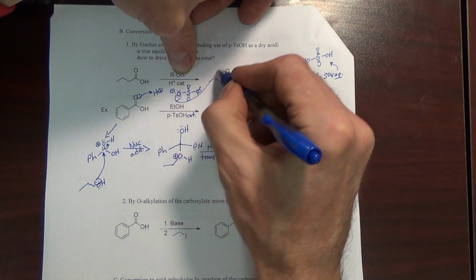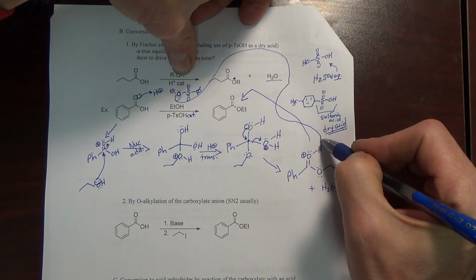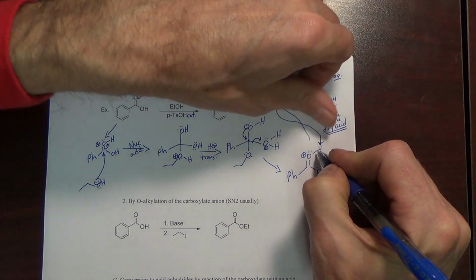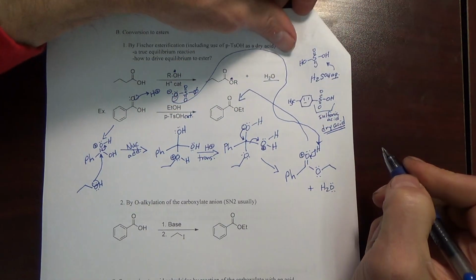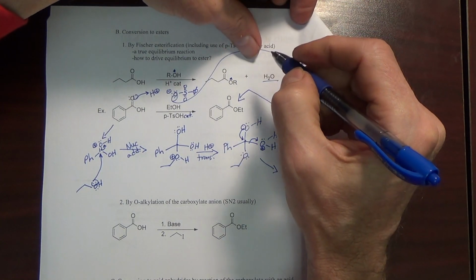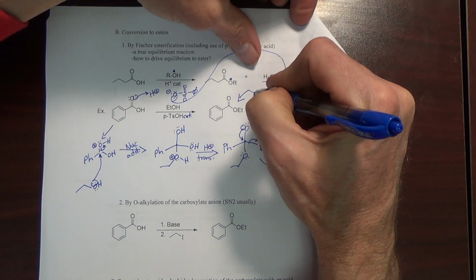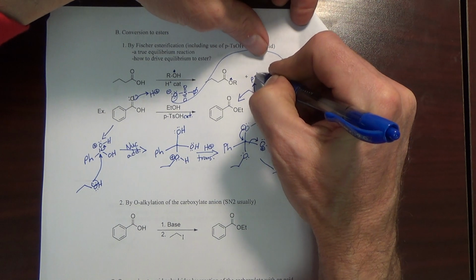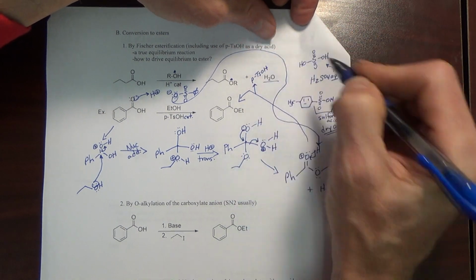These electrons take the H. These electrons move on to oxygen. And we get our product, plus we reform para-toluene sulfonic acid.